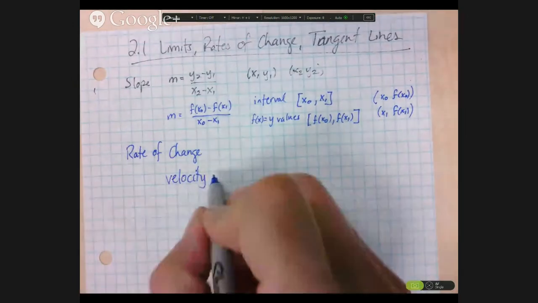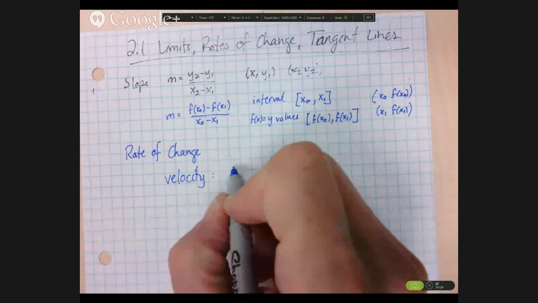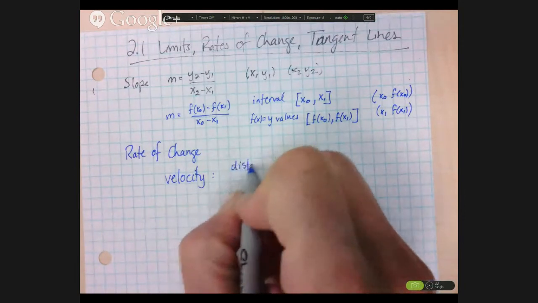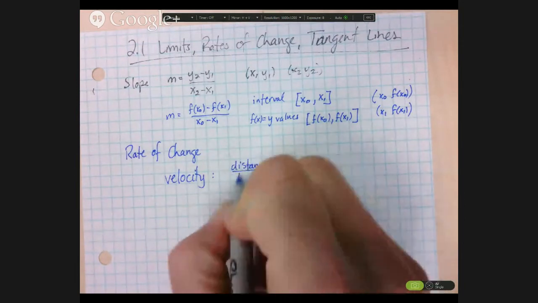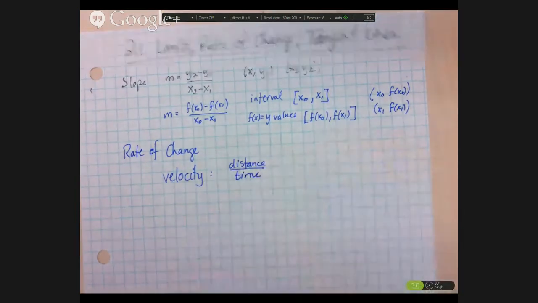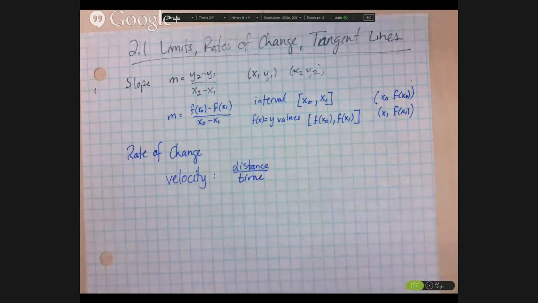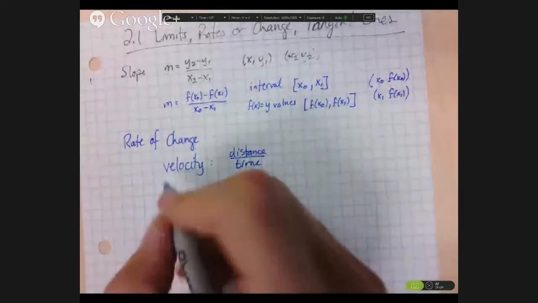Okay, velocity is a distance over a time. It's a rate of change over time. Okay, how far have you gone in how many hours? Right. There are two concepts that you'll want to get a hold of. This is where we're going to play around a lot in this area.